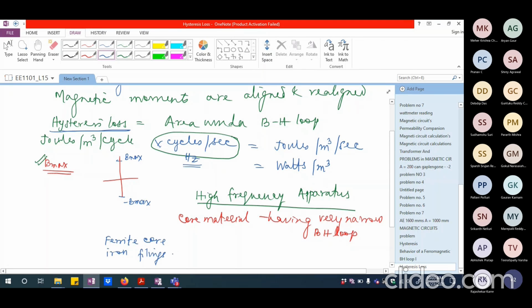You must have done filing in the workshop, or must have seen those things, where you try to take out some portions of iron and shape it to a particular shape. In that case, you will have small pieces of iron, filings of iron. It is like carrots that are being grated. You see small pieces of carrot coming out of the grating apparatus.